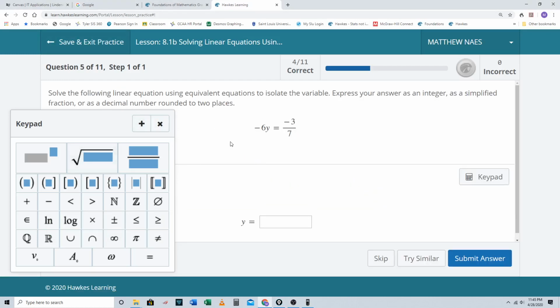All right. So here I'm going to divide by -6. So I'm going to divide by 6. Again, I'm just going to write it as y is equal to negative 3/7 divided by -6. I'm just going to put that in my calculator.